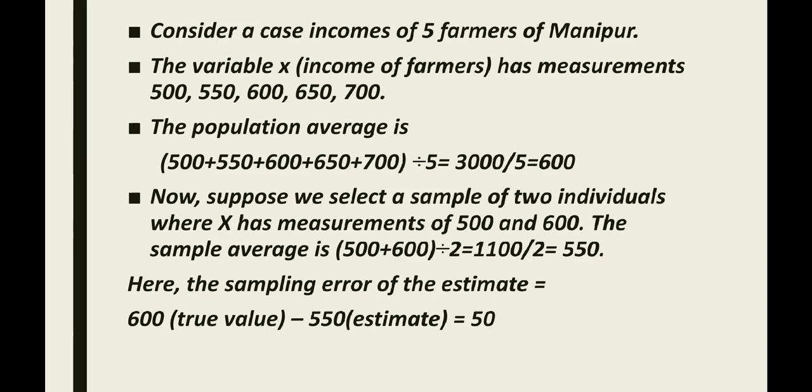Now, suppose we select a sample of two individuals where x has measurements of 500 and 600. The sample average is 550. Here, the sampling error of the estimate is the true value 600 minus the estimate 550, that is 50. Here the 50 is the sampling error.